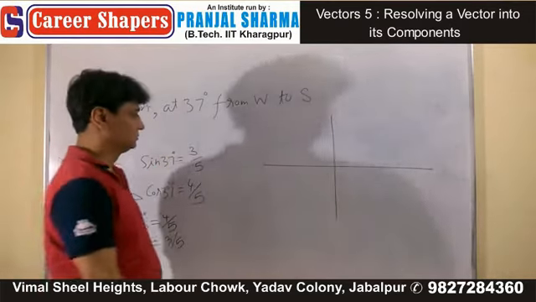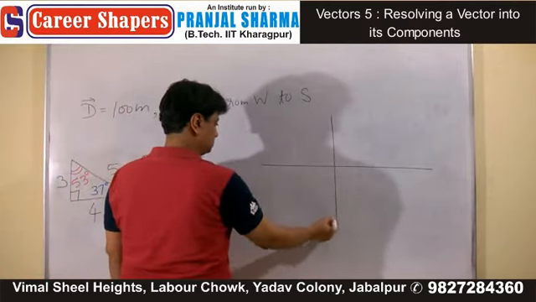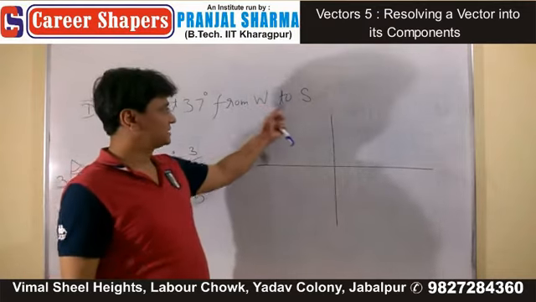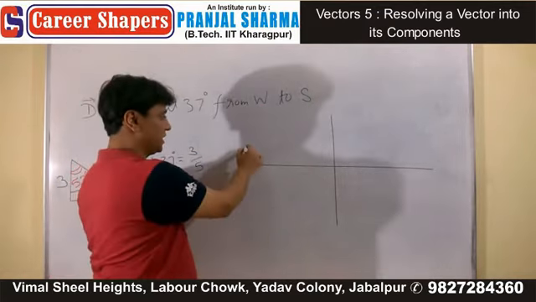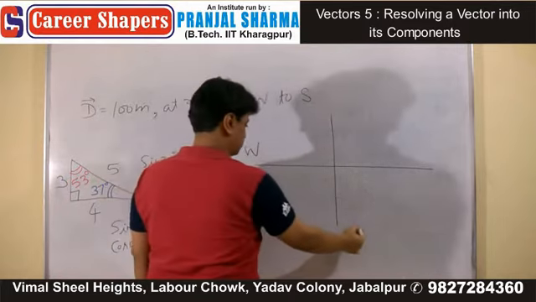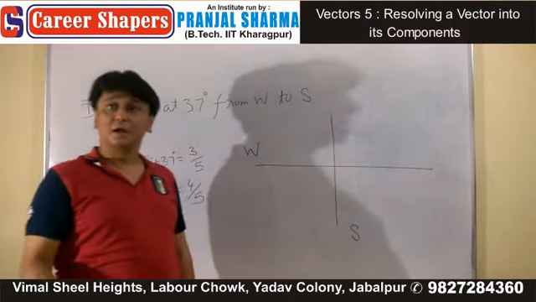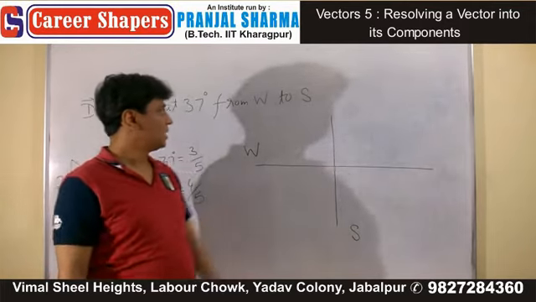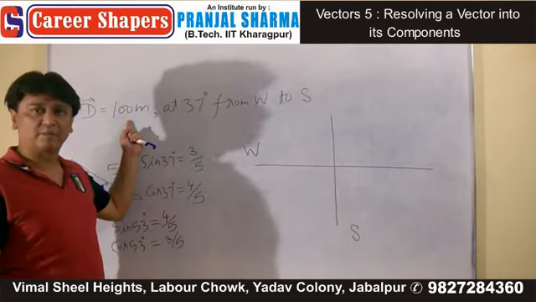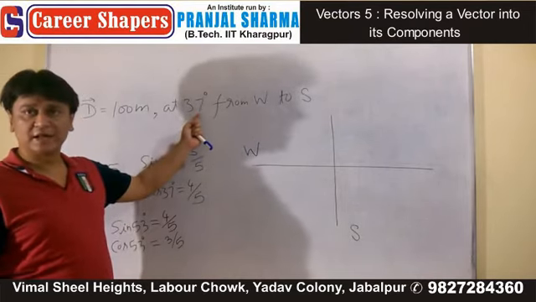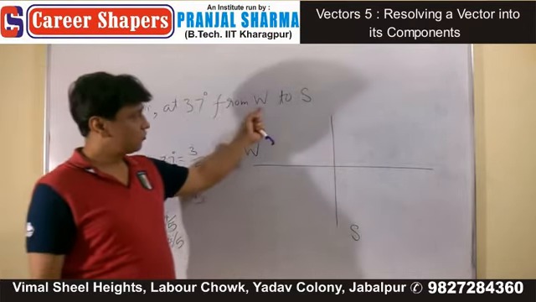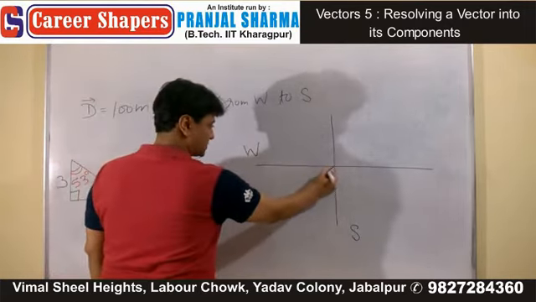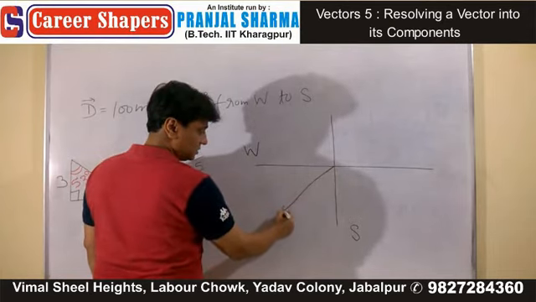Draw the figure. We are interested in west and south. This is west, this is south. And remember, you are standing over here at the origin. The question says move 100 meters at 37 degrees from west to south.